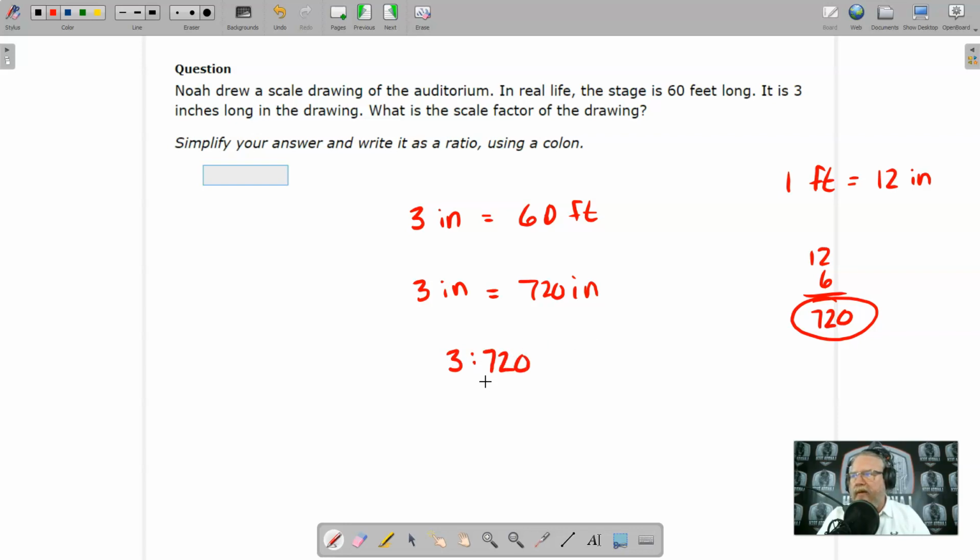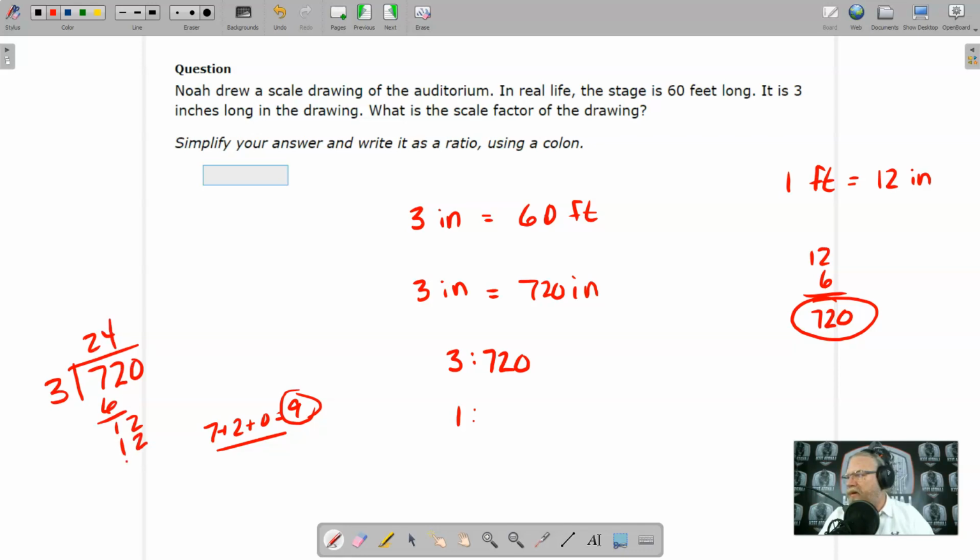However, I know that 720 is divisible by 3. How do I know that? Because 7 plus 2 plus 0 equals 9, and 9 will divide by 3, so 720 will divide by 3. So 3 divided by 3 is 1, and for 720, we'll use the good old algorithm. 3 goes into 7 twice, 6, 1, bring down the 2, 3 goes into 12 four times, and 12, 0.